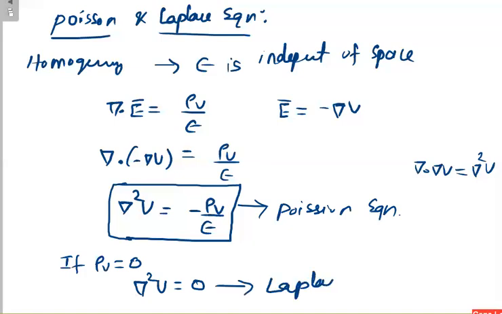So del square V is equal to minus rho V by epsilon is Poisson. If 0 comes, it is Laplace.